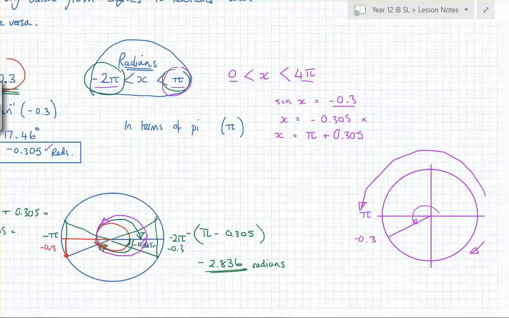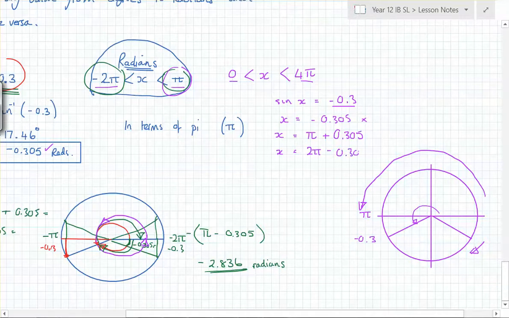The next solution is in the same place it was before. It's not moved. We've just gone at it from a different angle. So it will be 2 pi minus 0.305. There's a couple of ways to do it. But do I stop there?